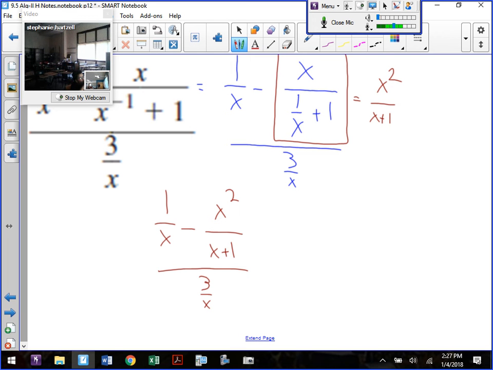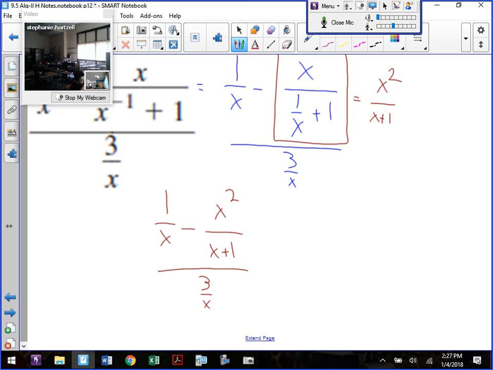What happens here, guys, is that you get complex fractions. And yeah, complex fractions are a bit of a pain. But sometimes you're going to get complex fractions within complex fractions, and that's about as crazy as this gets.